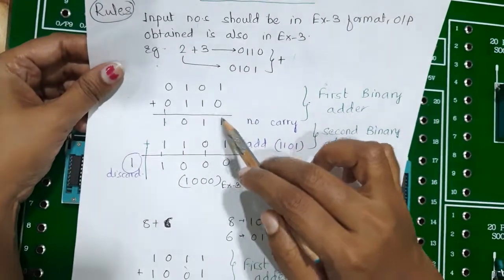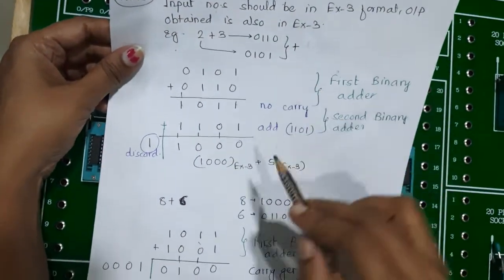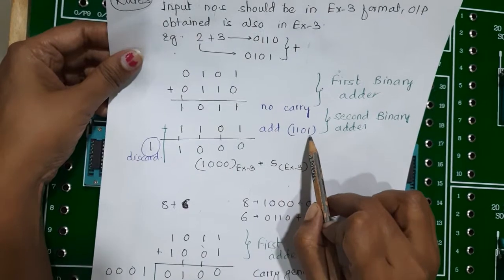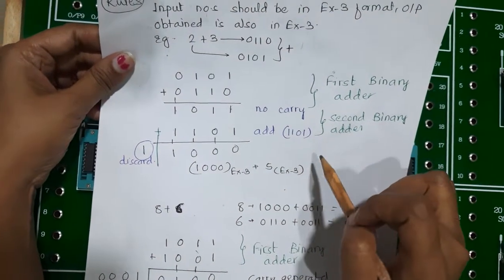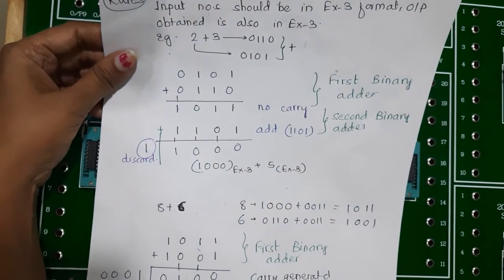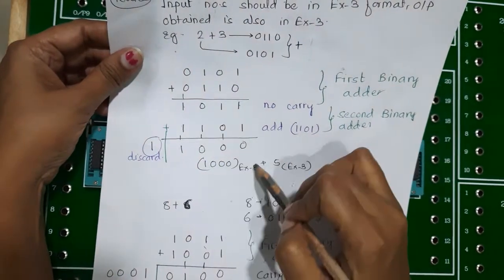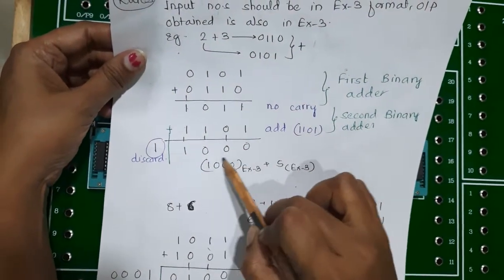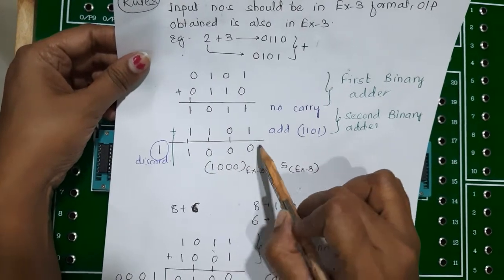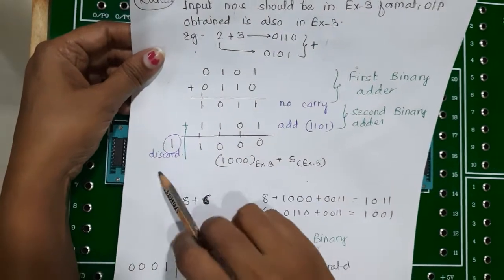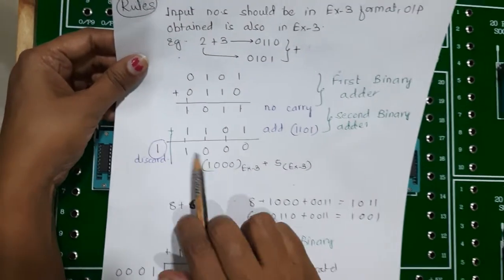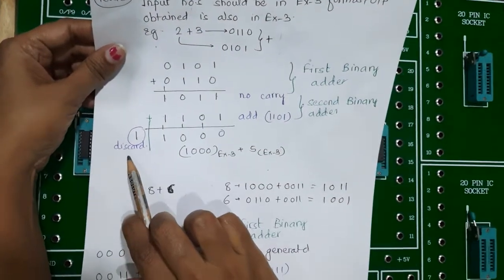If carry is not generated in the result, we have to add 1101, which is minus 3, that is the 2's complement of 3. After addition, whatever the result is, that is the XS3 representation of the sum. And if a carry is generated in this second part of addition, that is to be discarded.